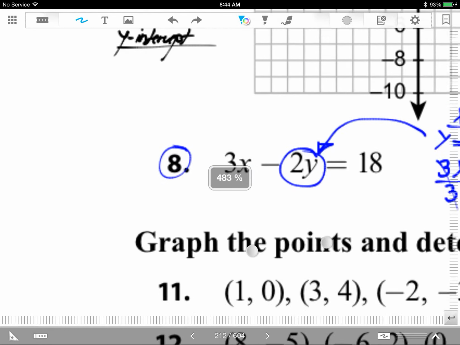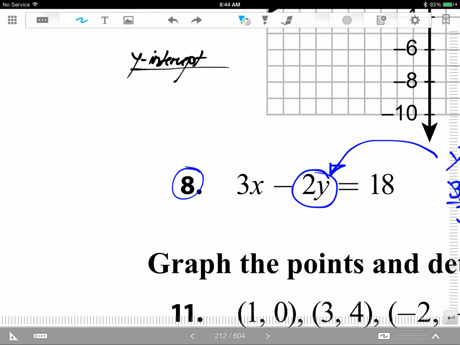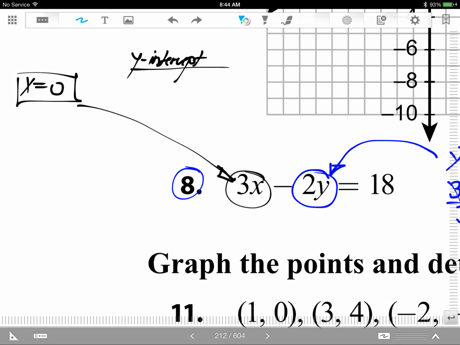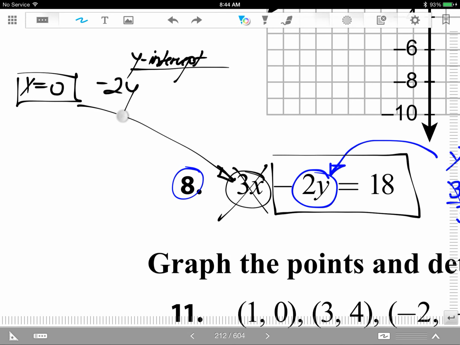You're going to say, well, I know that x should be 0, which means the term containing your x will become 0, will be nothing. You don't need to use it anymore. All you need to do now is use this side of your equation, because the part with x is gone. And your equation will now be negative 2y equals 18.